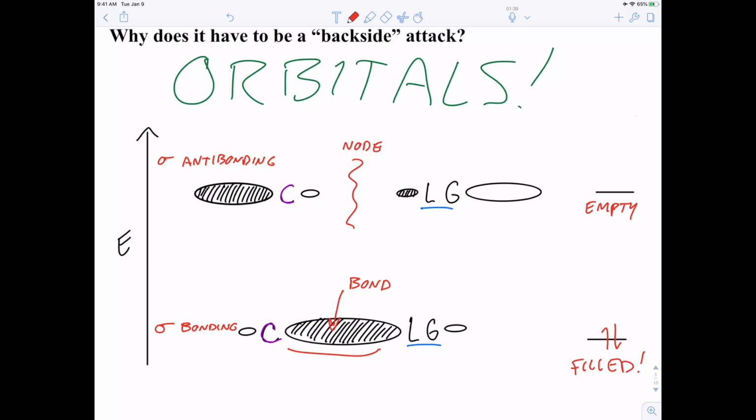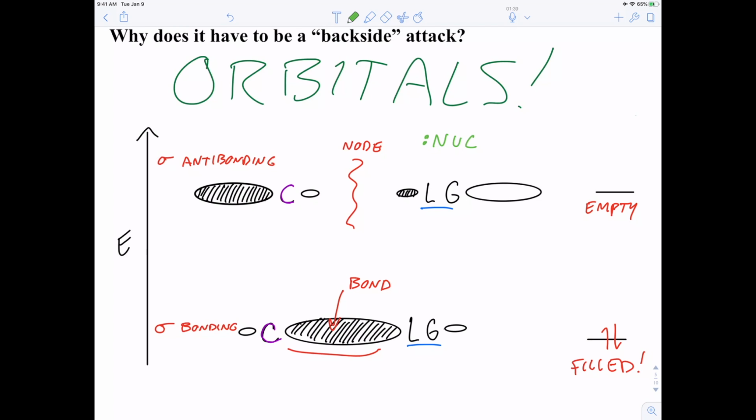So then if we think about our good friend, the nucleophile, coming in to form a new bond to our electrophilic carbon, well, that has to happen by putting the electrons that our nucleophile brings into an orbital. And it can't fill an orbital that's already filled.